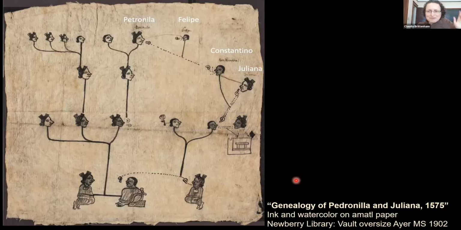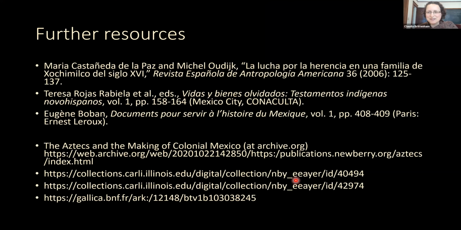Can I go first? Because this lets me do the thing that I meant to do and didn't do, which is I had a final slide, which I will now show you, which has the further resources. So the work of putting all of these together, it's John Glass already in the Census of Nahua Pictorial Manuscripts, who indicates that these documents are all related to each other. But it's really Maria Castañeda de la Paz and Michel Oudijk, or however you pronounce his last name, I'm sure I did that wrong, who wrote this article in Revista Española de Antropología Americana that really put the 5 documents together.